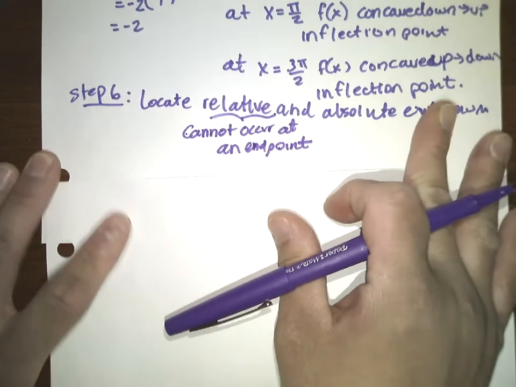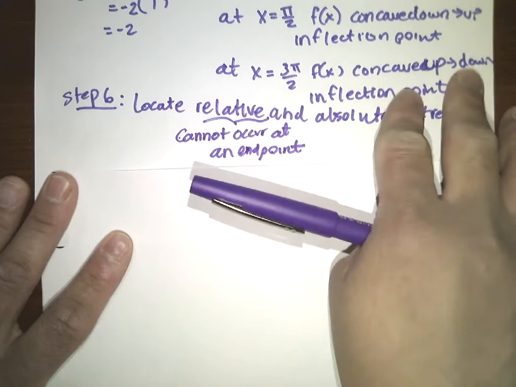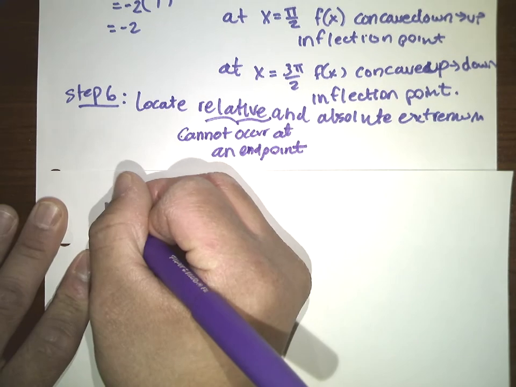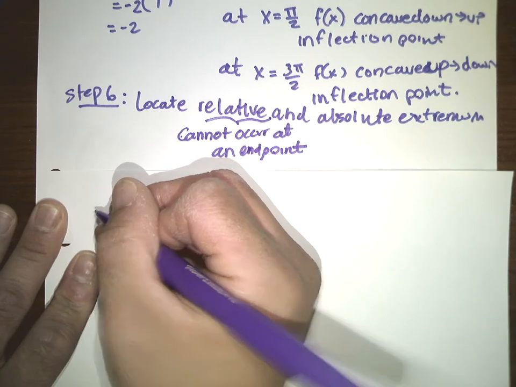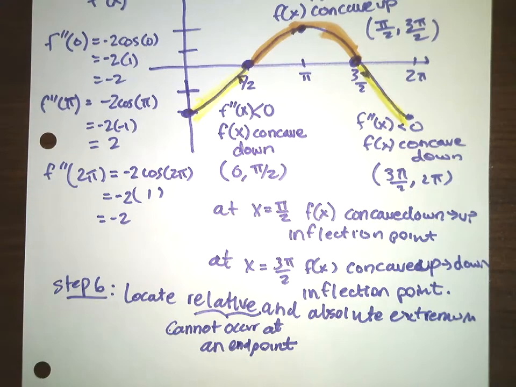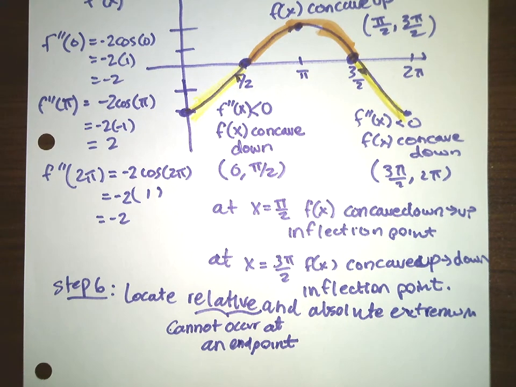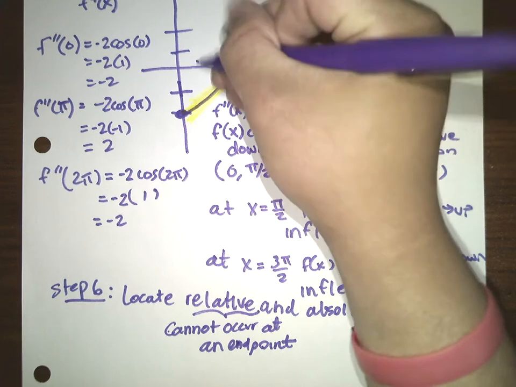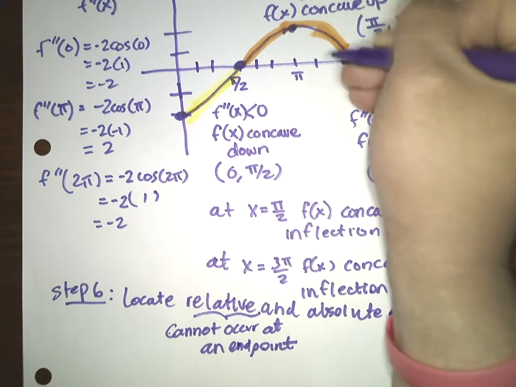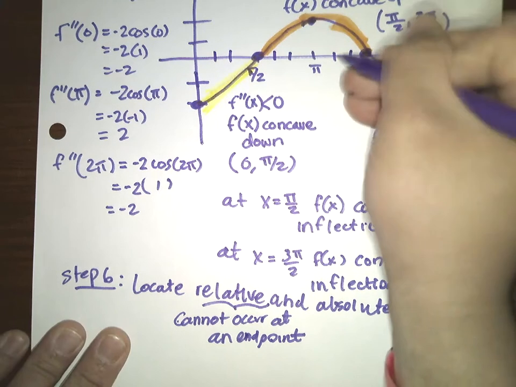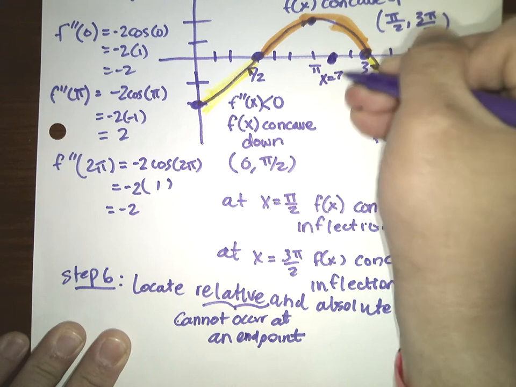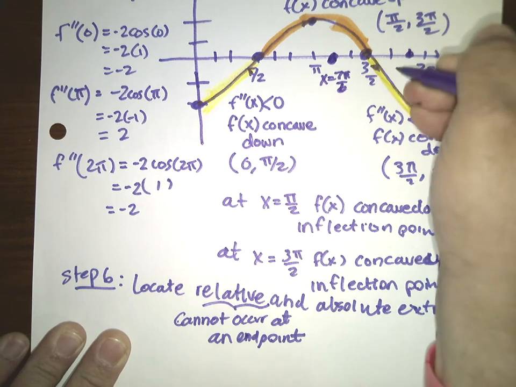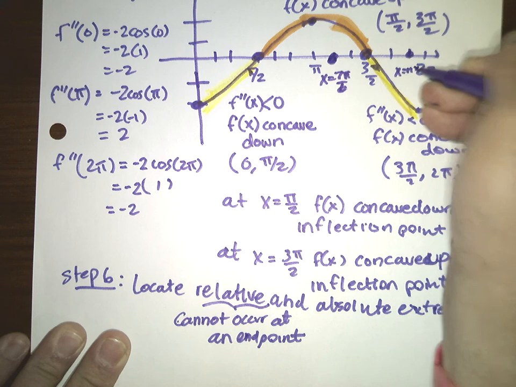So remember, the possible relative extremum were at, oh, by the way, just so that you're all absolutely aware of this, if you remember, 1, 2, 3, 4, 5. So here was x equals 7 pi over 6, and here was x equals 11 pi over 6.